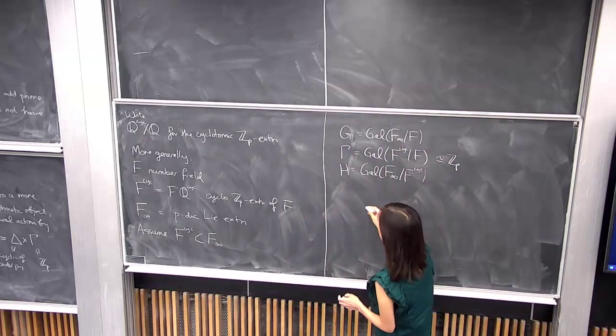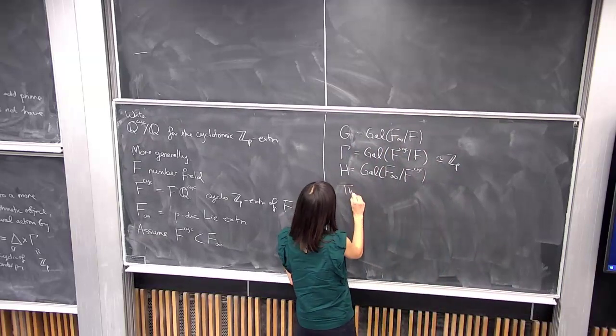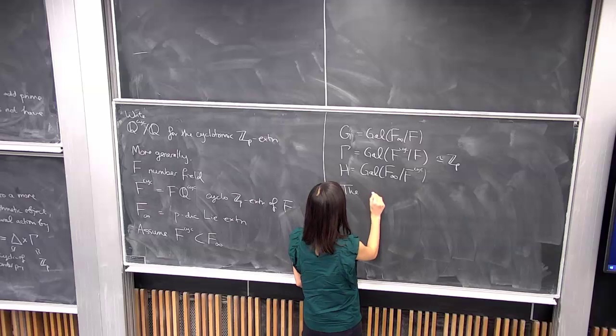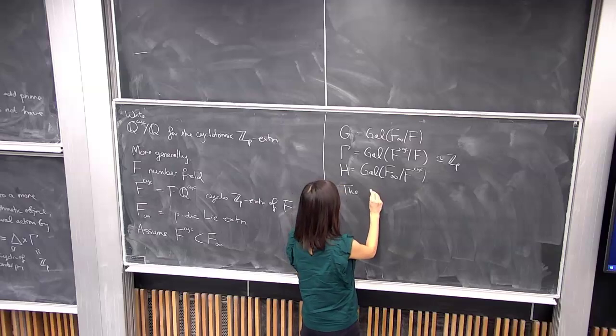So the Iwasawa algebra is defined as the following completed group ring.